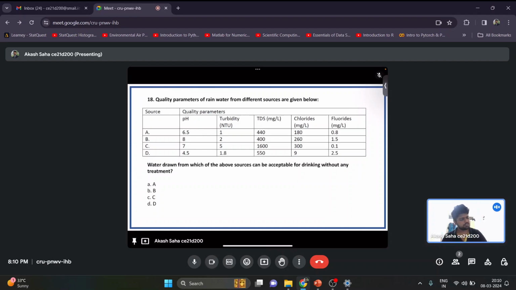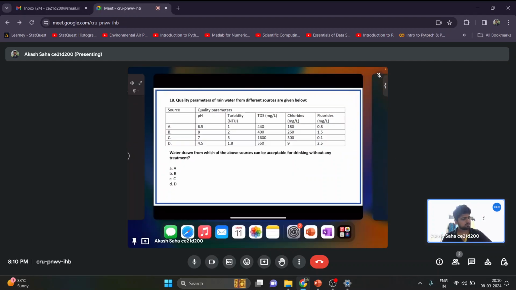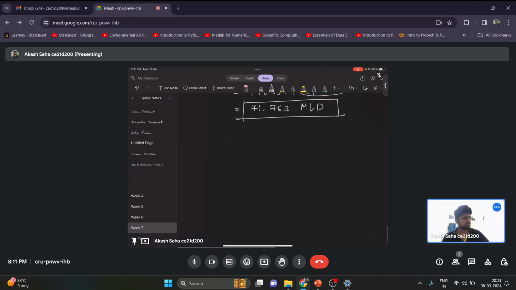So if you see, we have the water quality parameters, the acceptable limits, and we also have the relaxed limit, based on whether any alternate sources are available or not.